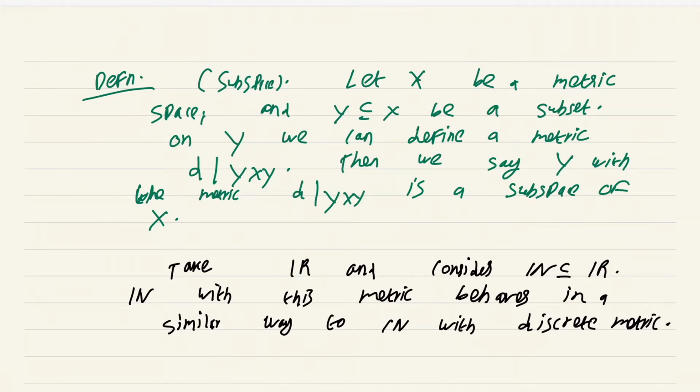Now I'm not going to make this precise. What I'm going to ask you to do is to think about this: what is the meaning of N with this metric looks very similar to the discrete metric? Can you make a more precise statement? I'm going to leave it to you as an exercise.